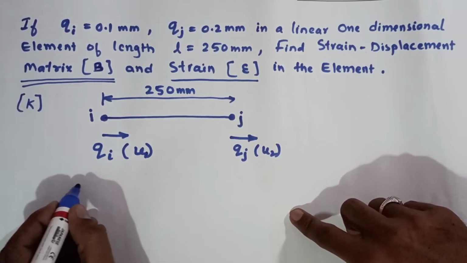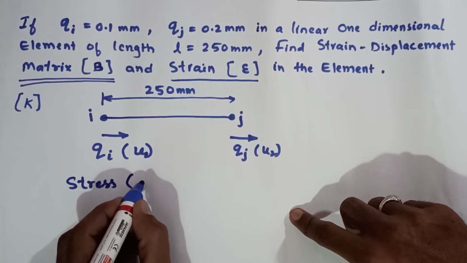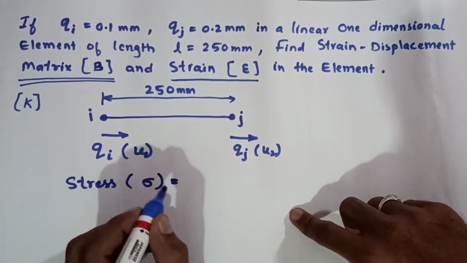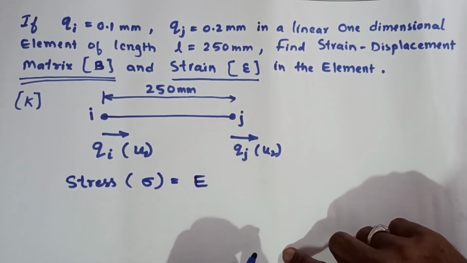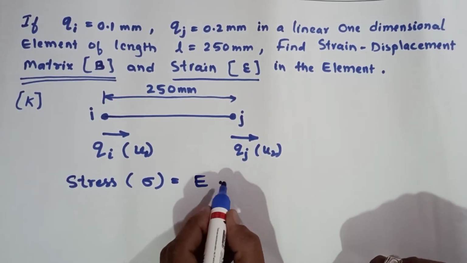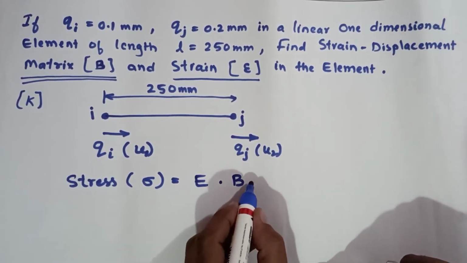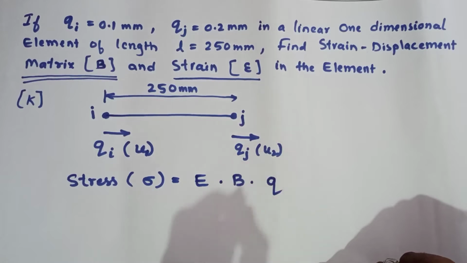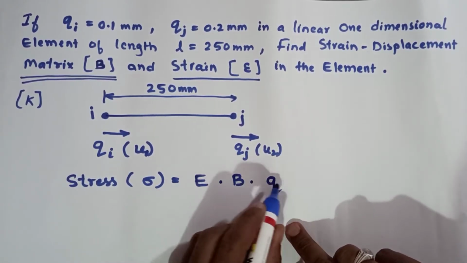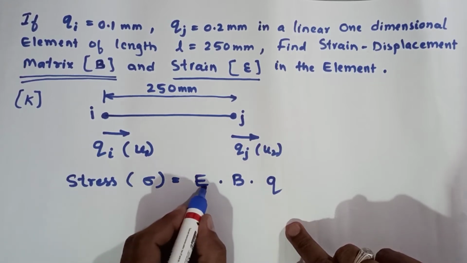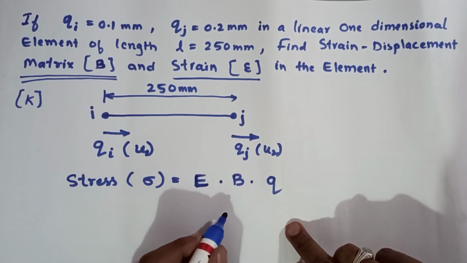For a 1D bar element, the stress sigma can be written as the modulus of elasticity times the strain displacement matrix times the nodal displacement, that is E B Q, where the modulus of elasticity is a material property.